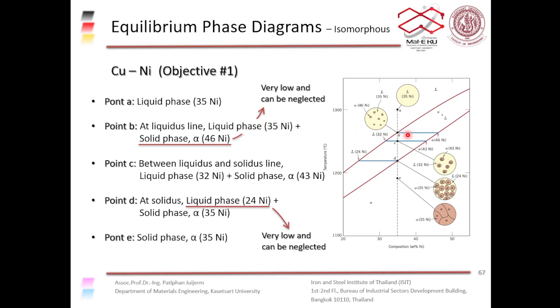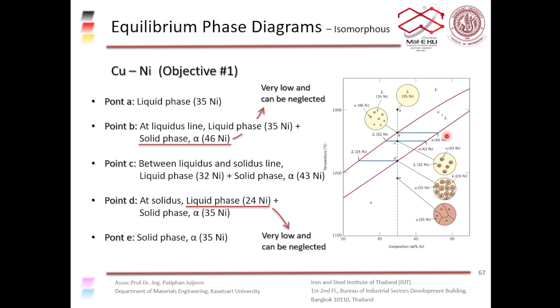This tie line intercepts with this line here, and it gives you 35%. And when it intercepts with the solidus line, it gives you the composition of the solid phase, which is 46% nickel.